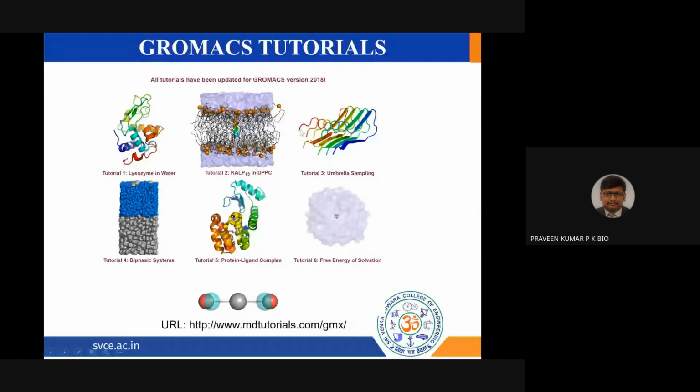If you see the GROMACS tutorials, before going to the output, we can also see some information on GROMACS. What are the types of simulation we can run? There are actually six free sample tutorials to first work with GROMACS if you install it on your workstation. Number one is lysozyme in water.